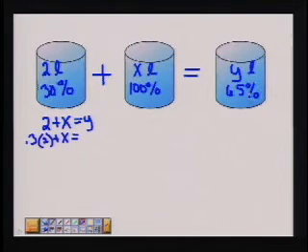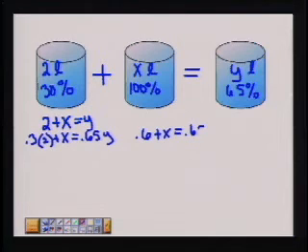My final solution needs to be 65% of the y liters that are there. So I have 0.65 times y. And I can simplify this second equation a little bit. 0.3 times 2 is just 0.6, plus x equals 0.65y. And again, my first equation is 2 plus x equals y.